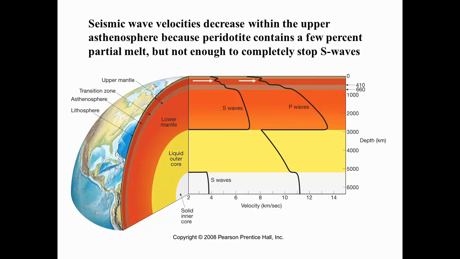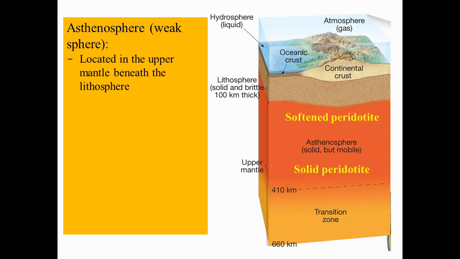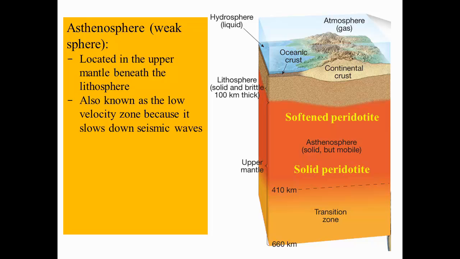Now, as we go a little bit deeper into the upper mantle, notice that seismic velocities decrease within the upper asthenosphere, and this is because peridotite contains a few percent partial melt, but not enough to completely stop S waves. And this defines the asthenosphere as a weak sphere located within the upper portion of the mantle directly beneath the lithosphere.